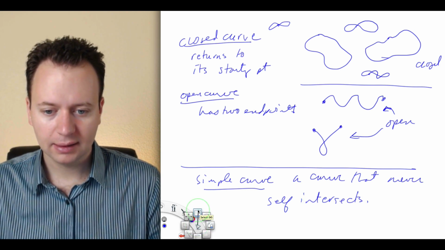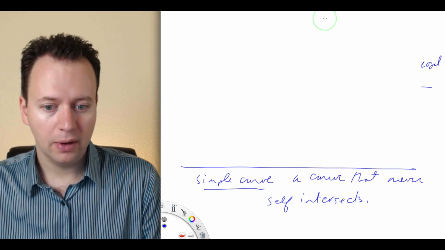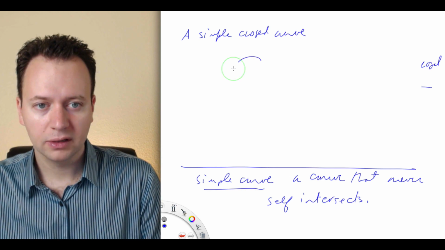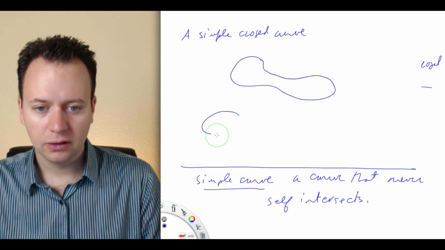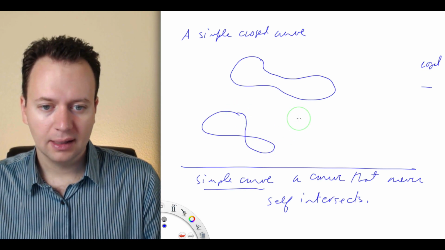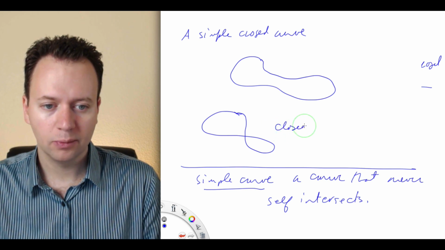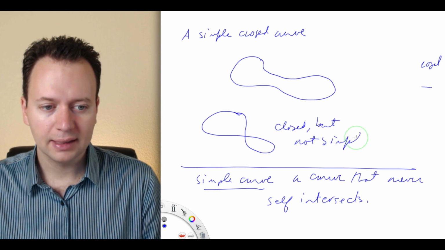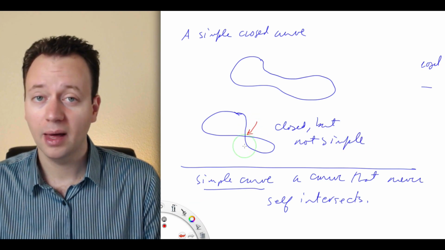To see what this would look like, a simple closed curve would look something like this, right? It can't cross itself. Then something like this that's supposed to just match up like there is closed, but not simple. It's not simple because it intersects itself right at that point. So that makes it not simple.